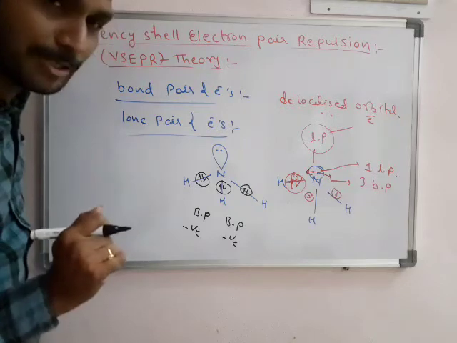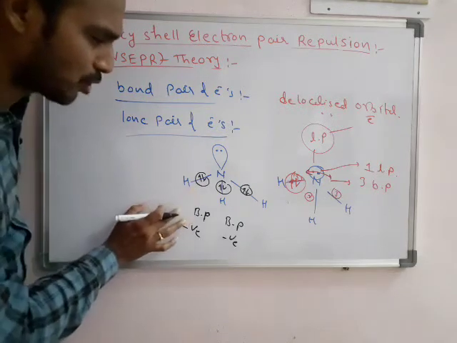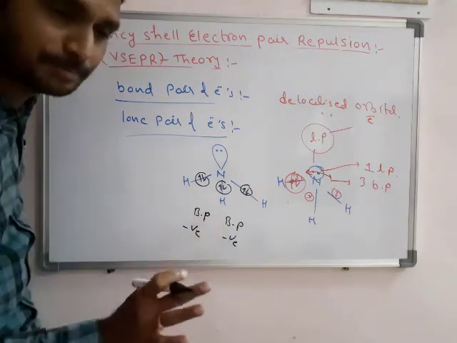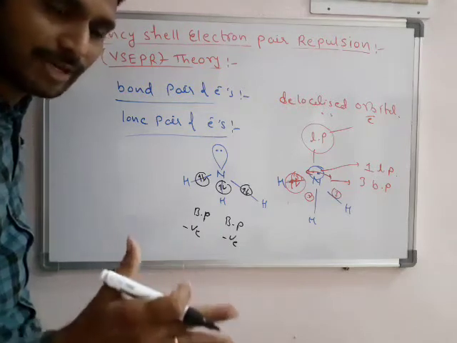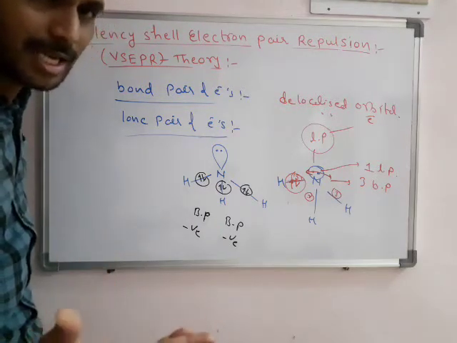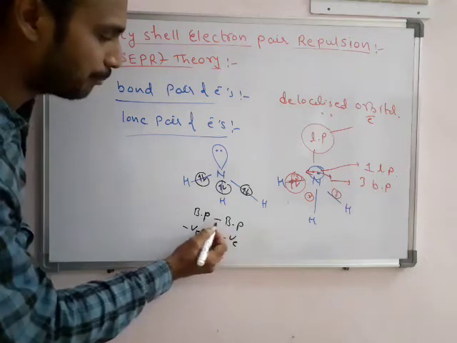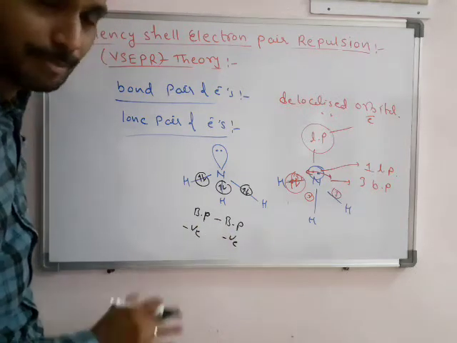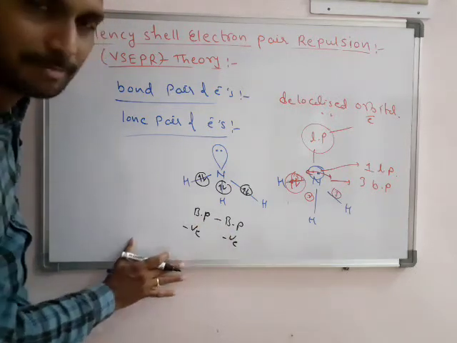These are also electron pairs, both negatively charged, and the same charge means repulsion. That is called BP repulsion, bond pair repulsion.